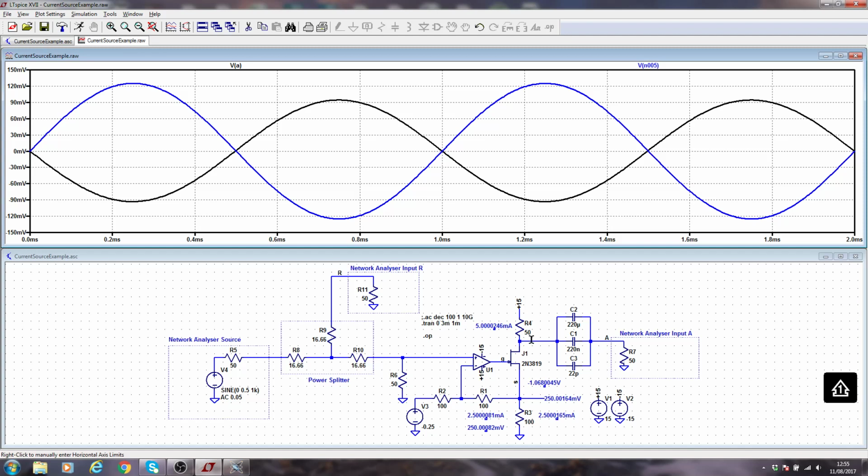As it is, what we actually care about is the AC component of the current in R4, because we will connect some other circuitry on here which has to be driven by a current, and that may be a photodiode amplifier, as you use in a fibre optic communication system to receive a signal, or it may be an ADC, which requires a current input, for example.